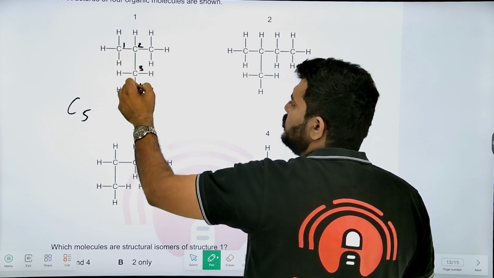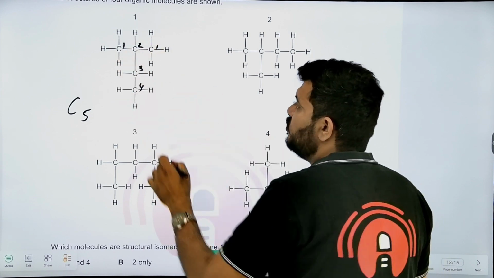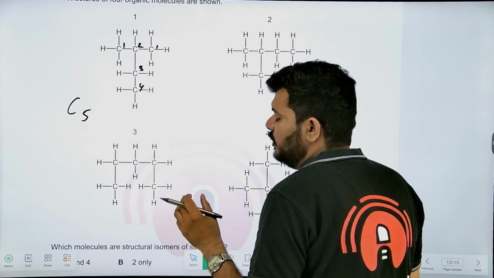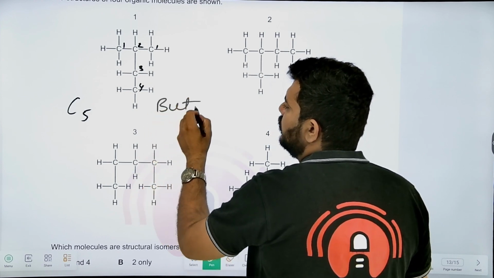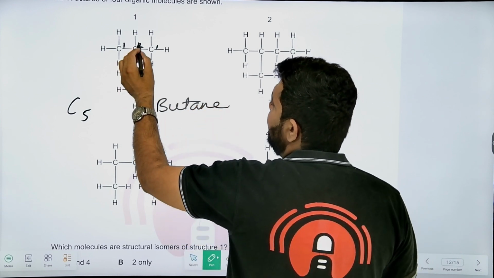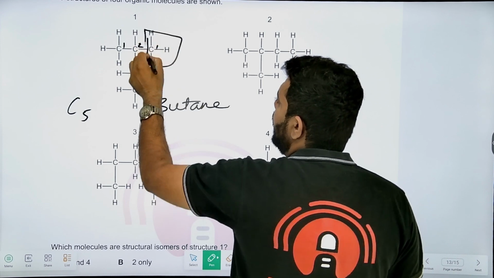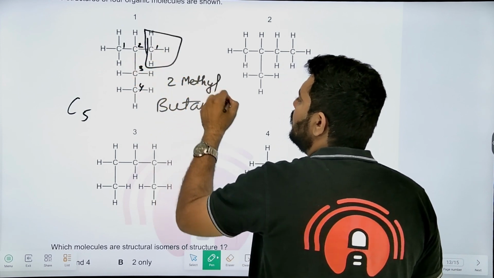So this is 1, 2, 3, 4, 5. Even if I name it like this, it is 1, 2, 3, 4, 5. So 1, 2, 3 and 4: meth, eth, prop and butane, right? And because the second carbon has a methyl branch, I will call it 2-methyl butane, right?